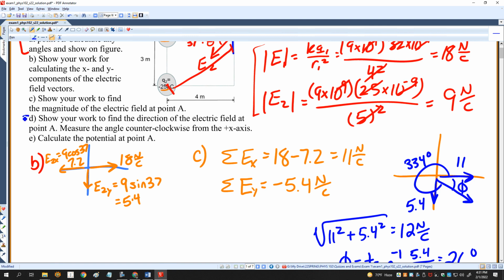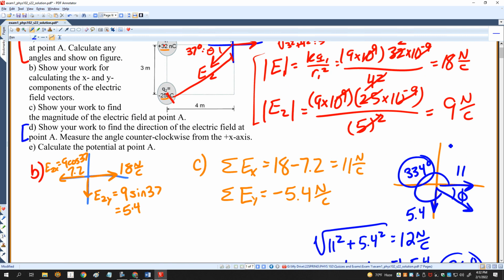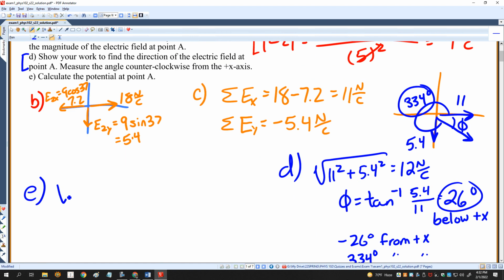Actually, on part D, I'd intended for you to give this angle, but I'll also take this answer as well. And now finally for part E, this is part D right over here. For part E, I want to calculate the potential. So the potential is going to be V1 plus V2. Remember, these are scalar quantities, so that makes it really easy.